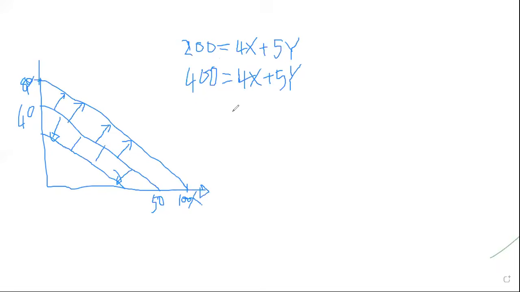How would that affect the budget line? What is the effect of this on the budget line? Right? So draw it. Take your exercise book. Okay, so let me get it. So we have our 200 as budget line. So we have 4x plus 5y.